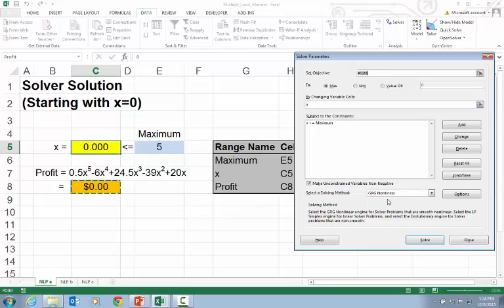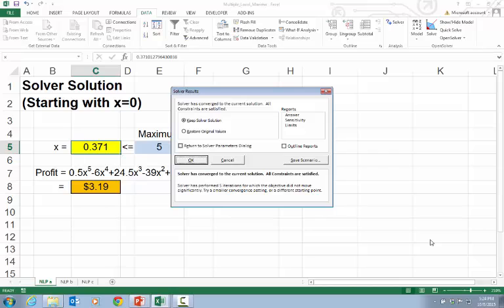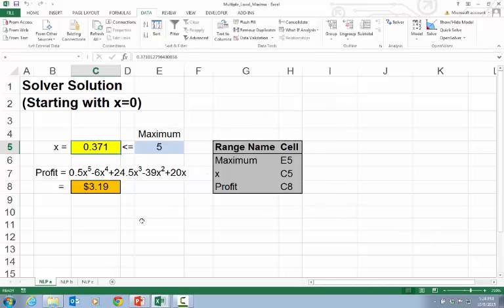So we're going to use GRG Nonlinear now because we've moved out of the world of linear programming models, and we're going to solve it. And boom, we solved it. So we had a starting value of 0 in our changing cell, and it gave an optimal solution of x being equal to 0.371, which maximized our profit at $3.19.